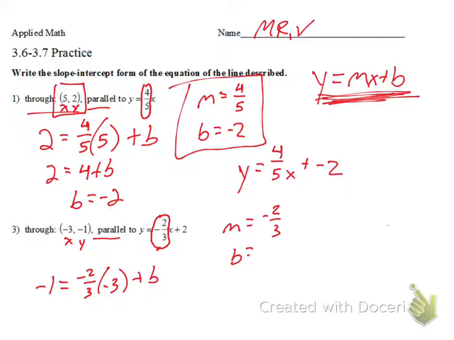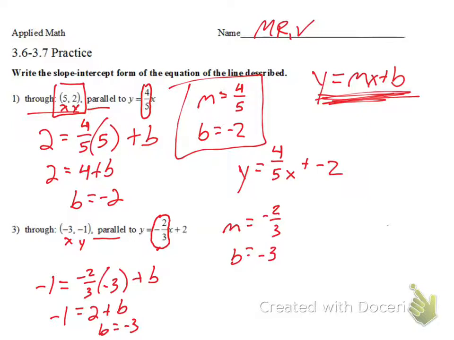Negative 2 divided by 3 is going to give you negative 0.6 repeating, and then I multiply that, so times a negative 3, that's going to give me 2. So negative 1 is equal to 2 plus b, going to minus the 2 on each side, so b is going to be equal to negative 3.